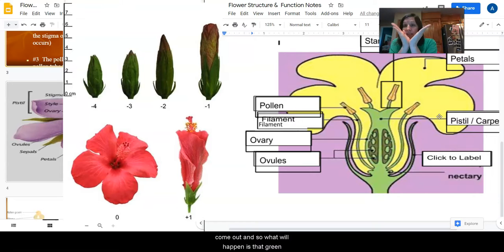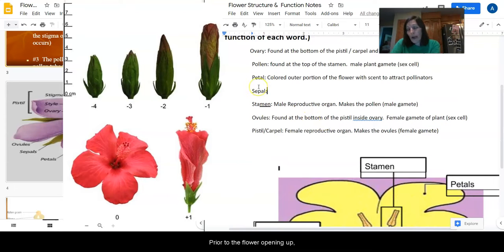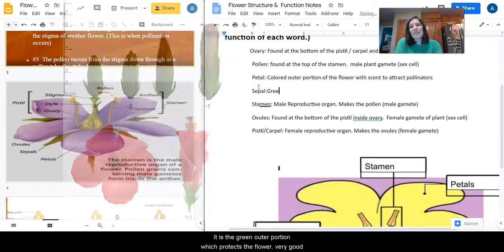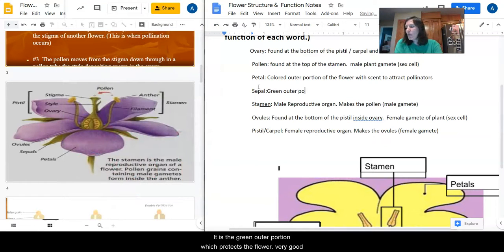And so what will happen is that green protective casing actually curls up and goes down. And so it hangs out underneath the petals. So prior to the flower opening up, the sepal just kind of protects it, and even below it, it protects it. So it's the green outer portion which protects the flower.